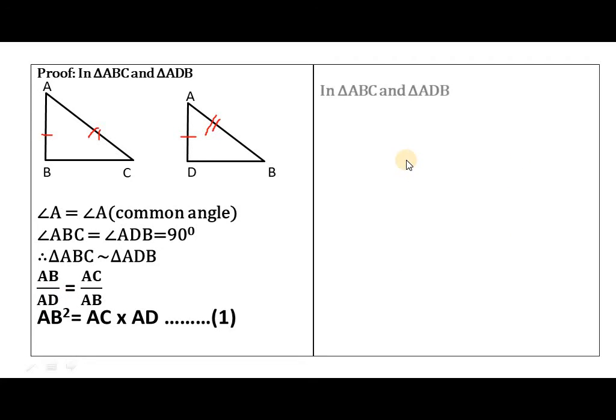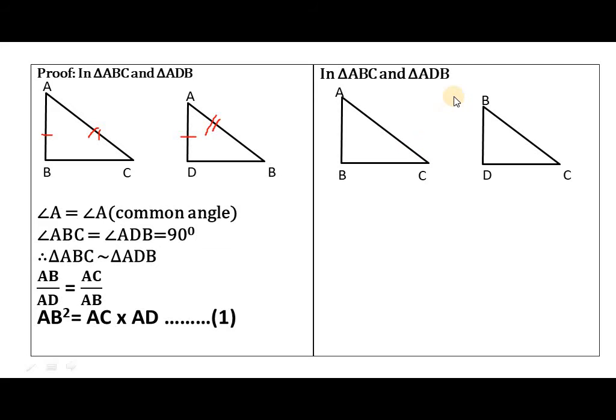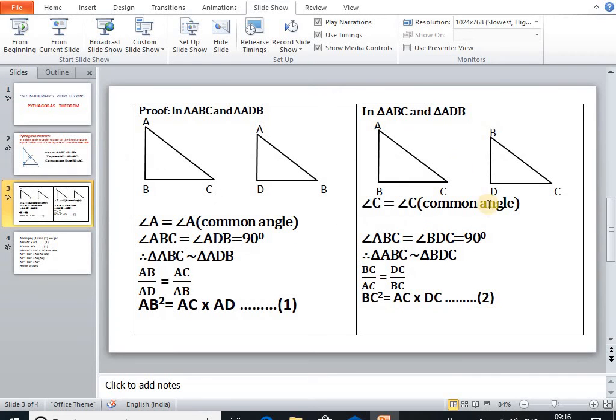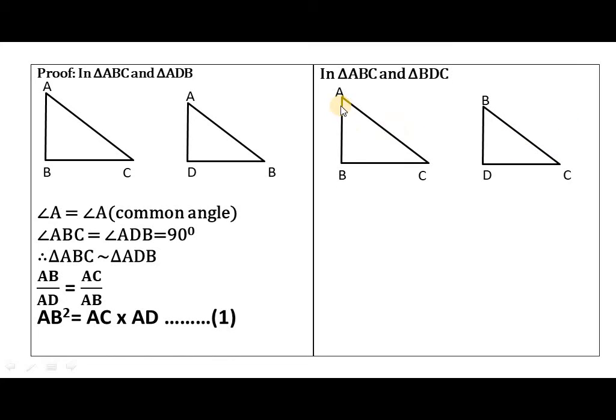Similarly, let us go to the second pair. In the triangle ABC and in the triangle BDC, let us see which angles are common.